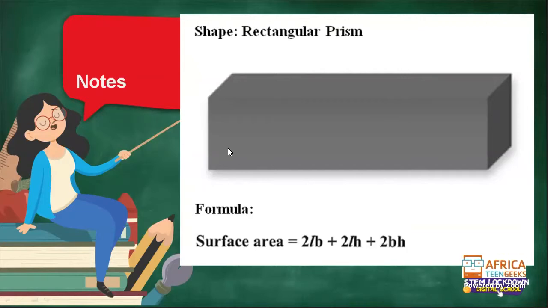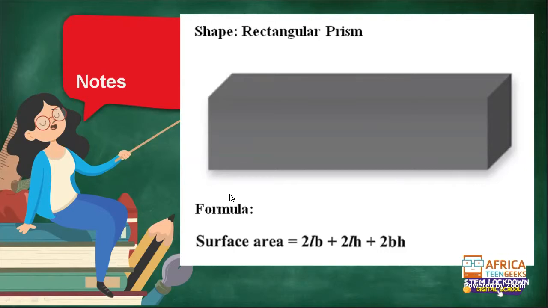That basically looks like a box, and your box has 3 dimensions. It has a length, a height, and a breadth.